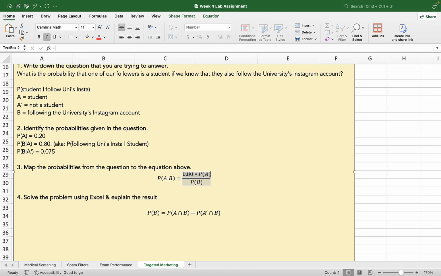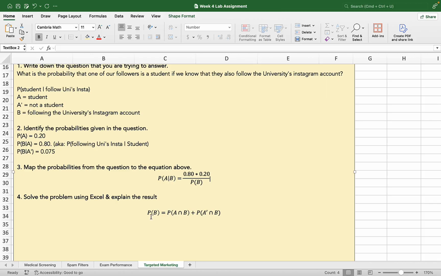And we also do know that the probability of any one of our followers being a student is 0.20. But we're not yet sure of our followers what the probability is of any one of them following the university on Instagram.